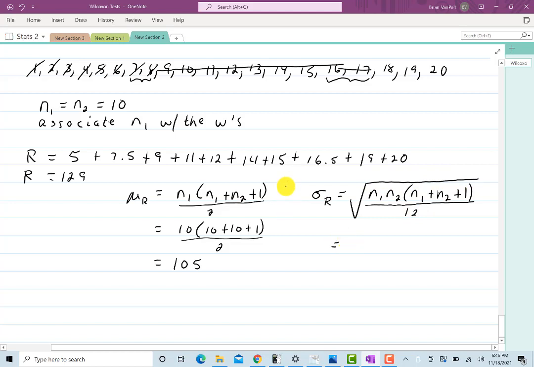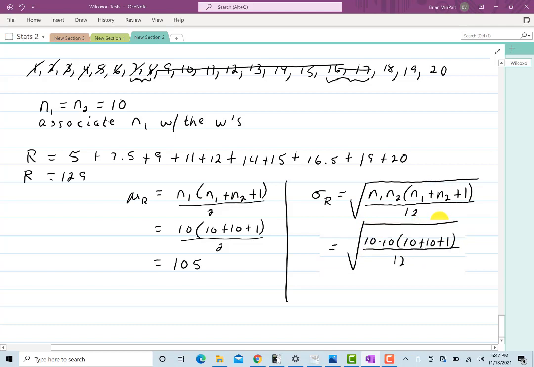So this will equal the square root of 10 times 10 times 10 plus 10 plus 1 divided by 12. And let me go ahead and let my calculator do all this for me.